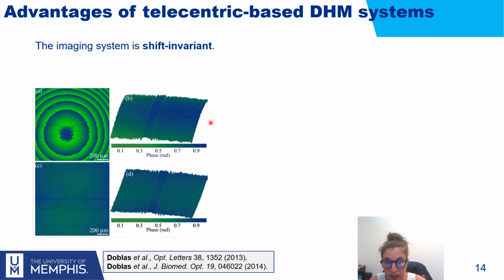So this is the compensated image of your sample, and on the bottom row, what you have here is the sample image that you get using a telecentric imaging system. So you're going to see that the raw phase image reconstructed is not distorted, and this is the corresponding 3D topographical image.